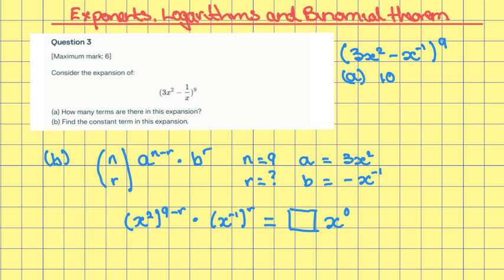Now we can compare coefficients. Let's multiply them out. So I've got 2 times 9 is 18, minus 2r, minus r is equal to 0. Therefore, 18 minus 3r is equal to 0. Therefore, r is equal to 6.